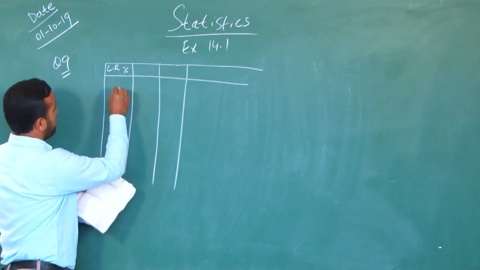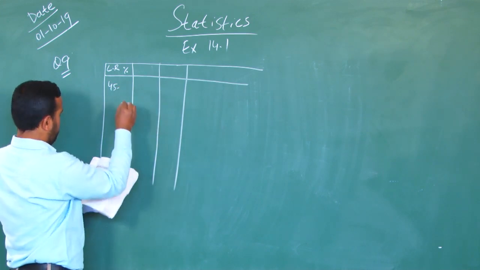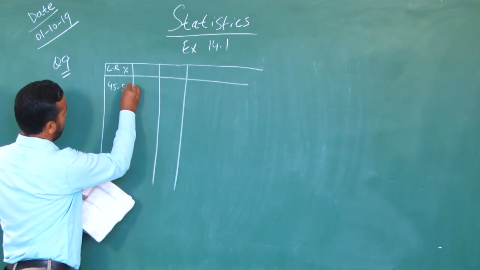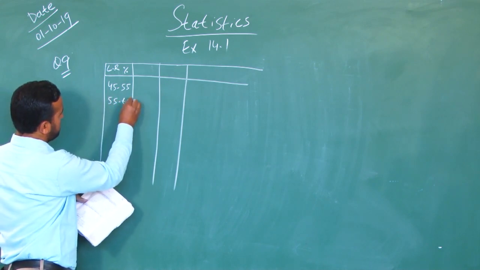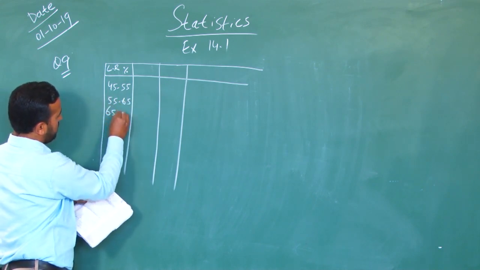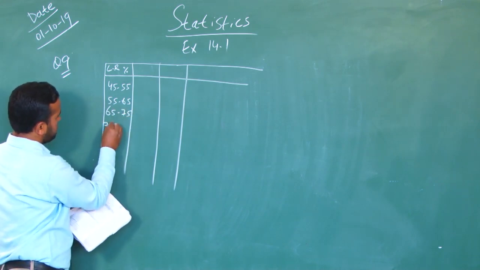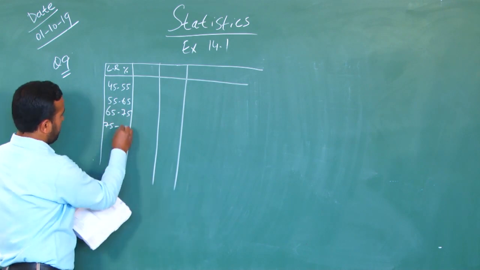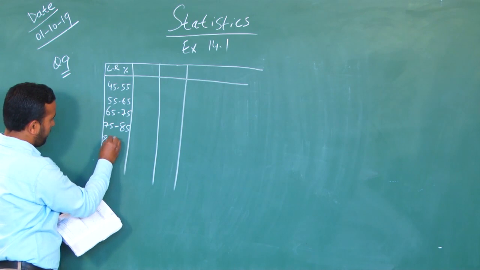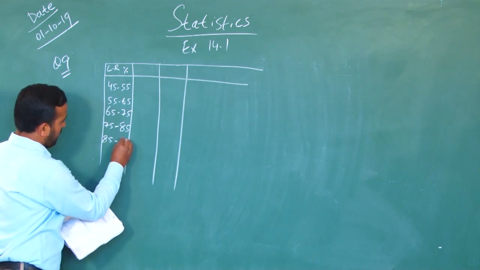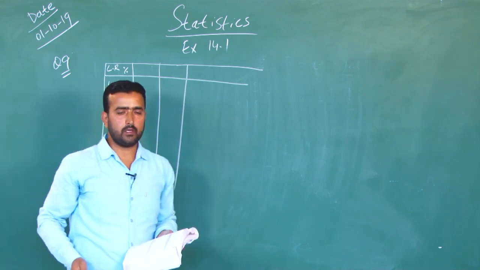The first group is 45 to 55, then 55 to 65, then 65 to 75, 75 to 85. You can see the common width is maintained there, then 85, and this is the last one, that is 95. You can see this is the continuous frequency distribution.